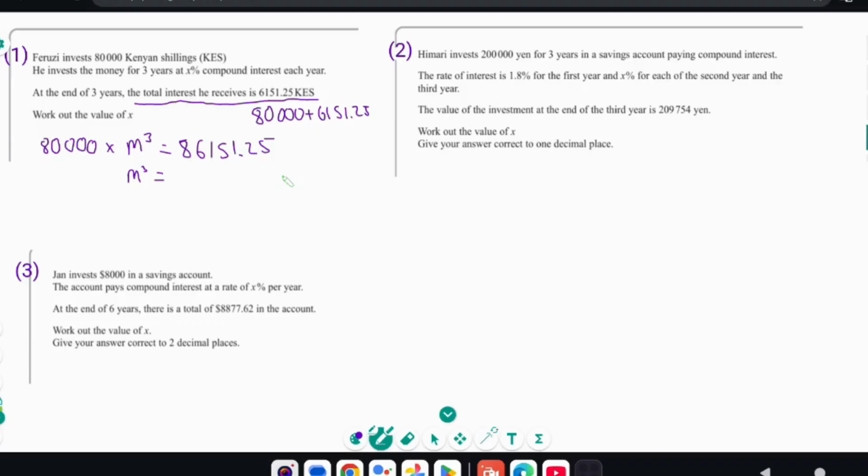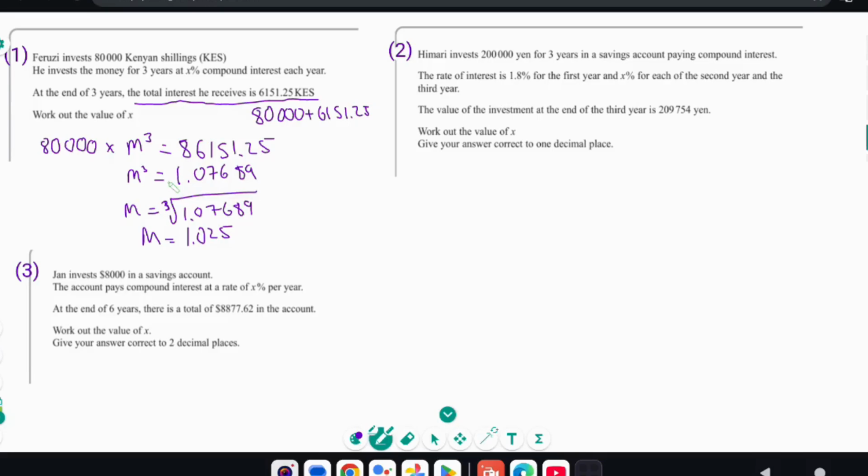Okay, so now we need to divide both sides by 80,000, which gives us our multiplier cubed. Cube root both sides. Gives us 1.025.